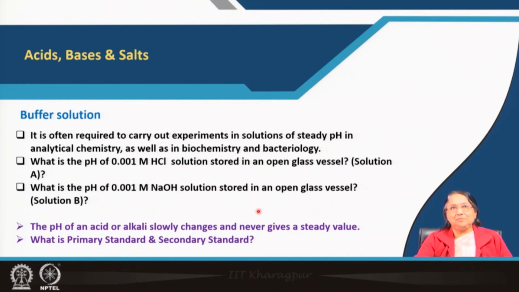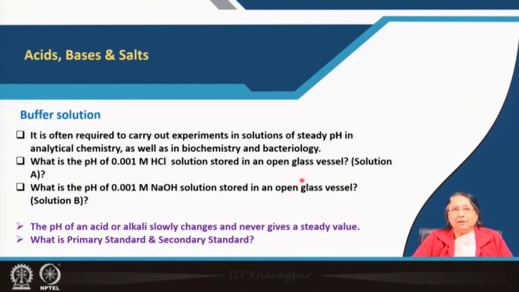Why is it changing? Depending on the glass vessel, if it is alkaline glass, some alkali may come out. If you keep some acid solution, that alkali will react with the acid and it will give a different pH value.